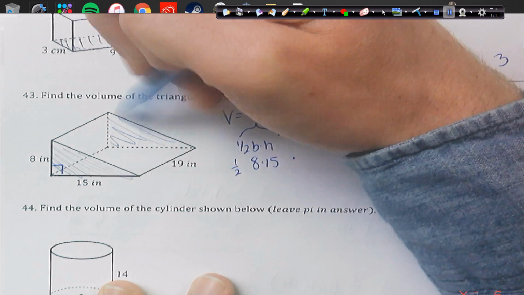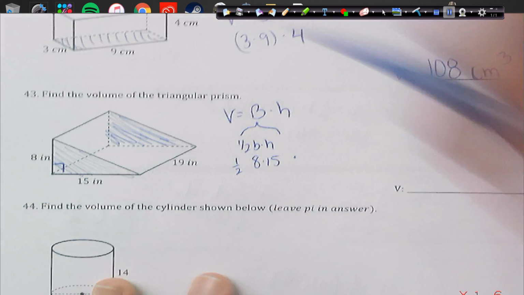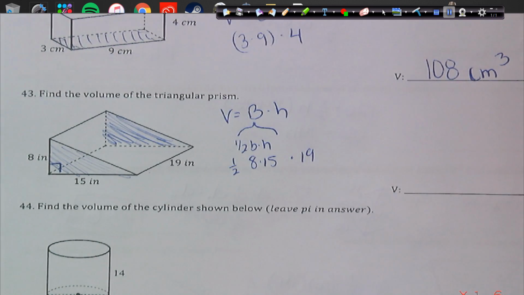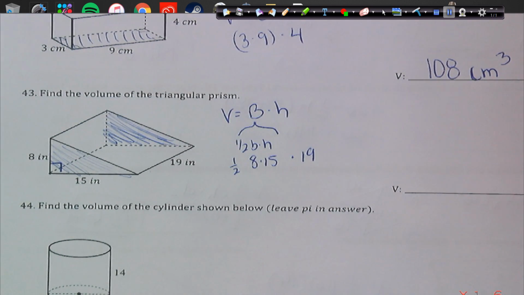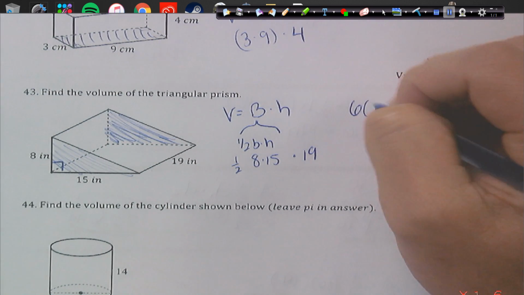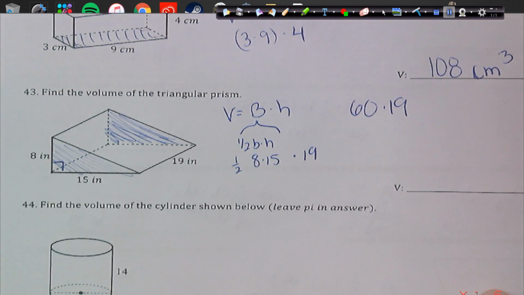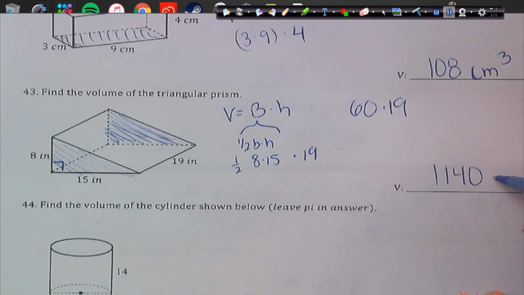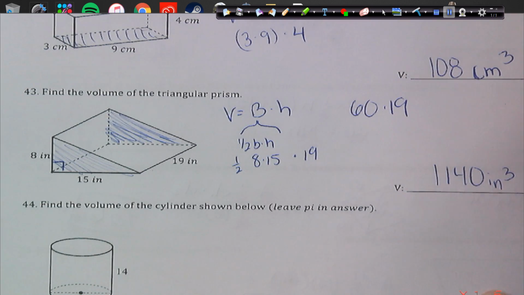See how they are parallel to each other? That's how we know that they're the bases. So the height is 19. So we got 8 times 15 divided by 2. So big B is 60 times 19, which is the height. And we get 1,140 cubic inches.